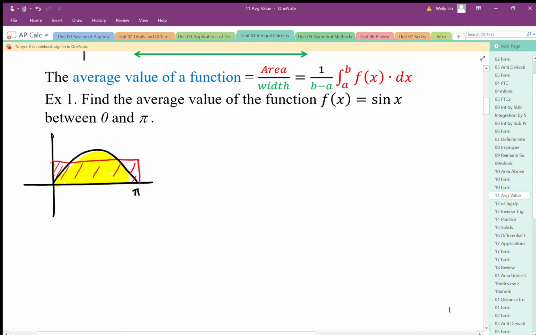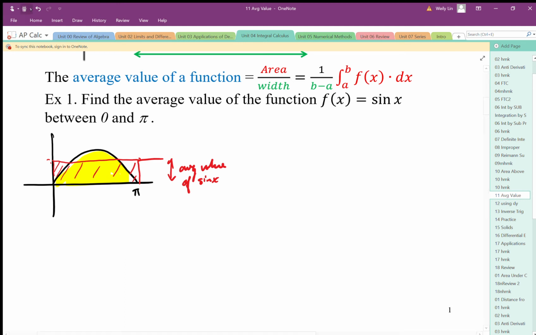What I'm saying is that the red area is equivalent to the yellow area. This height here represents the average value of sine x in that interval.